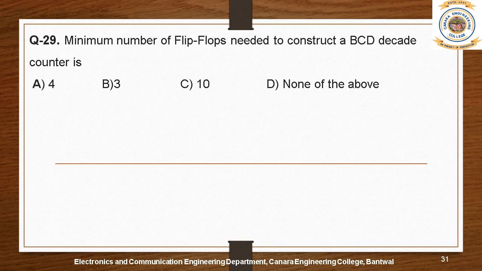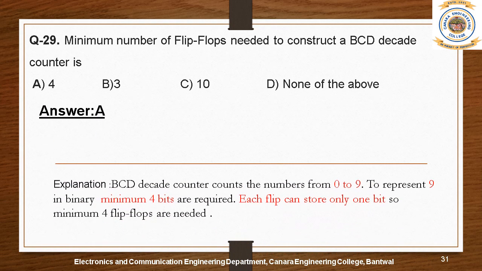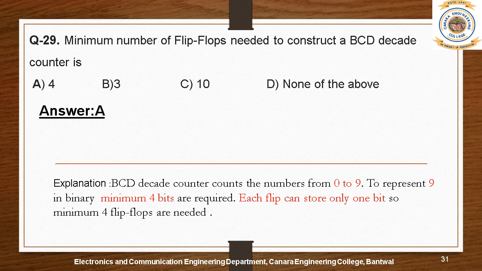The minimum number of flip flops needed to construct a BCD decade counter is... BCD decade counter means it should count 10 numbers. So BCD counts numbers 0 to 9. To represent 9 in binary, minimum 4 bits are required. So you require 4 flip flops. The maximum number available in BCD is 9, correct? So you need to represent 0 to 9. 9 cannot be represented with 3 bits. 3 bits maximum is 111, which is 7.